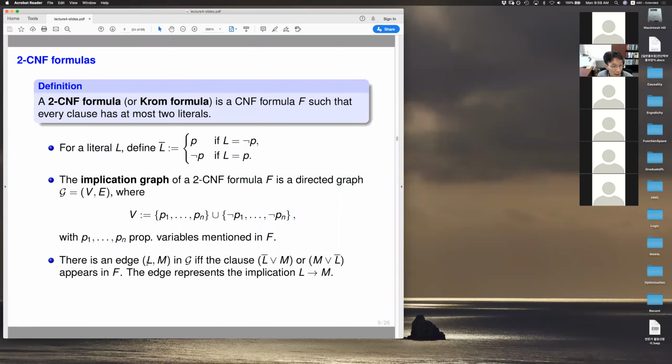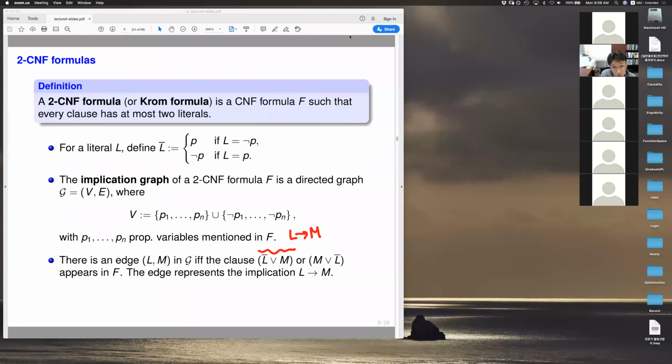Then we put an edge between two literals if the formula contains an implication that goes from L to M. Because it's written as a disjunction, it can be written as not L or M. This is really L implies M, written in logical form. It doesn't matter whether not L appears as the first or second disjunct.